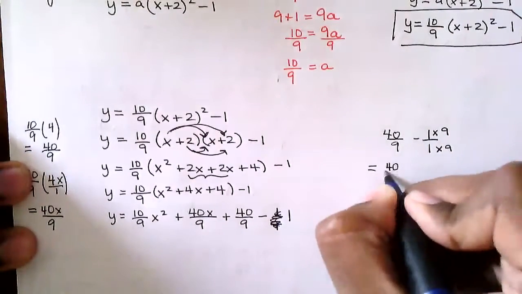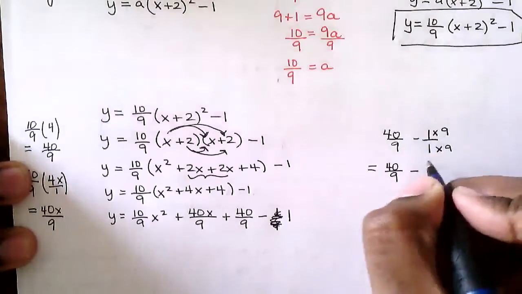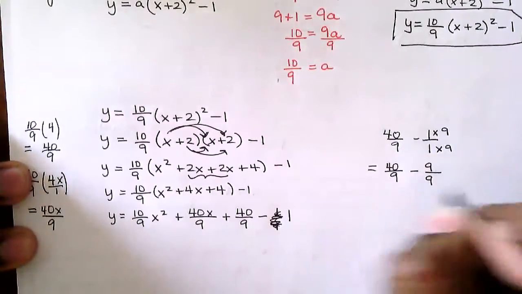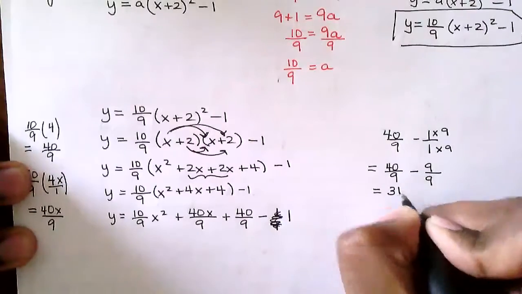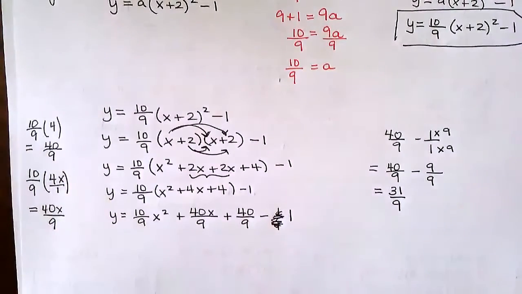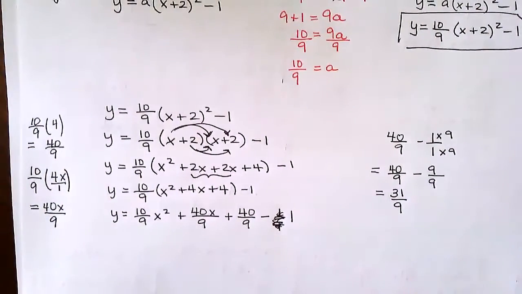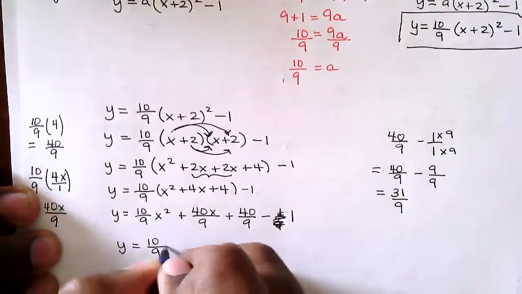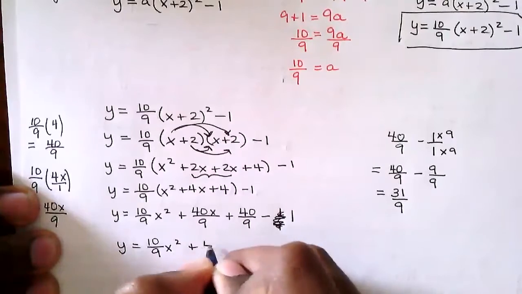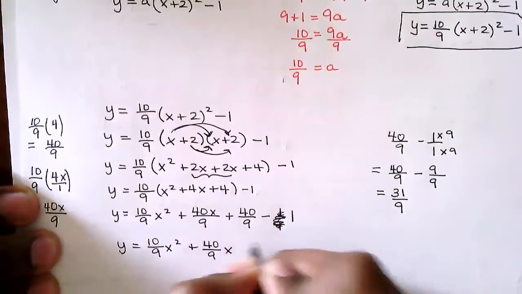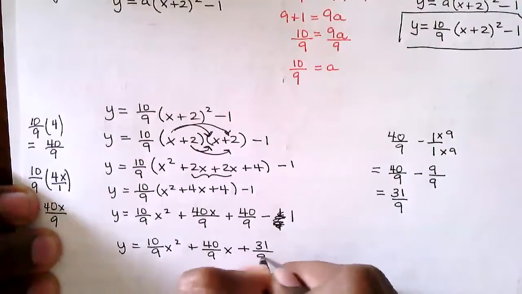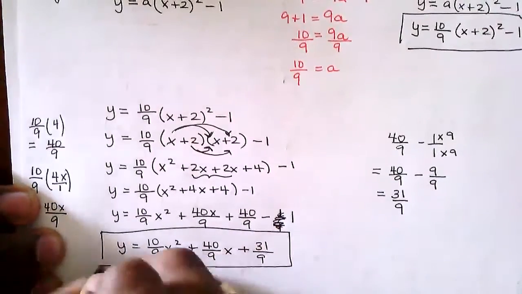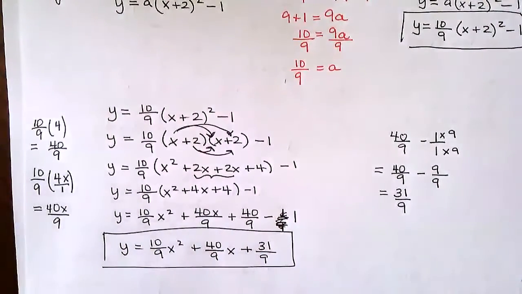So 40 over 9 minus 9 over 9 is equal to 31 over 9. I keep the denominator and just subtract the numerators. So essentially, I'm left with 10 over 9 x squared plus 40 over 9 x plus 31 over 9. And again, that's my final answer in standard form.